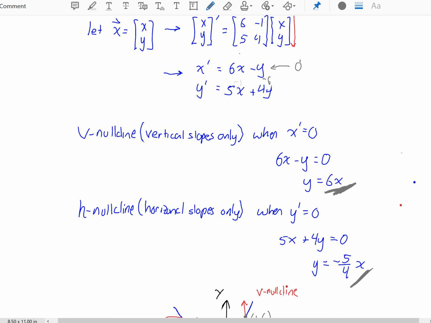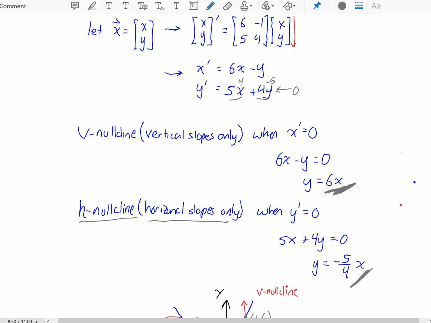Erase our other scratch that we did here. Now we're saying if x is 4, y is -5. Notice this is going to be 20 minus 20. This is 0. And it should have been 0 because this was our horizontal nullcline where we only have horizontal slopes, which means y prime had to be 0.